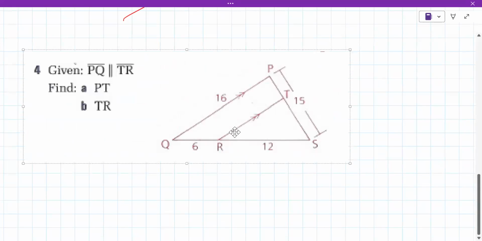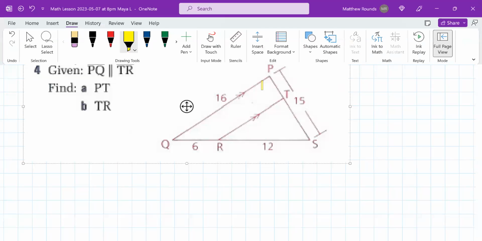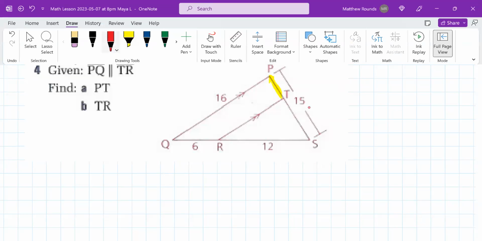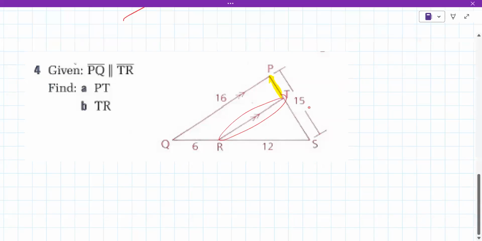All right. We're trying to find PT in the problem and ER. I sometimes like to label the ones that we're trying to find, to indicate that we're trying to find that one. And then P to R is this one here. Do you remember anything about similar triangles that you've got here?